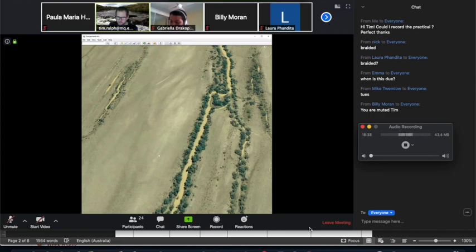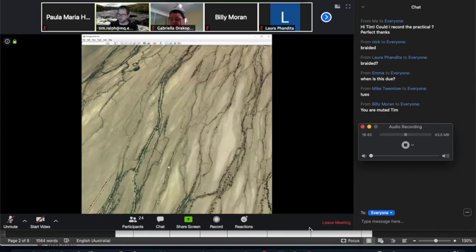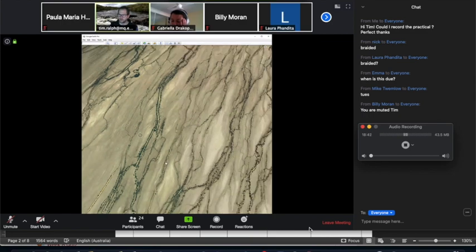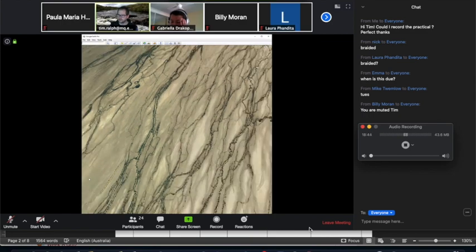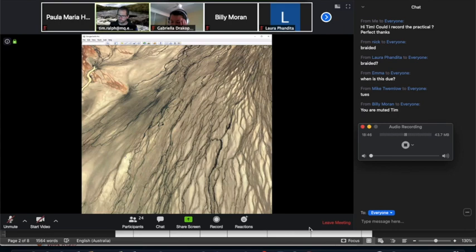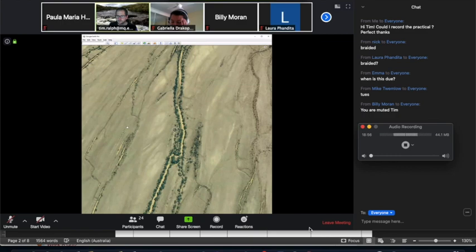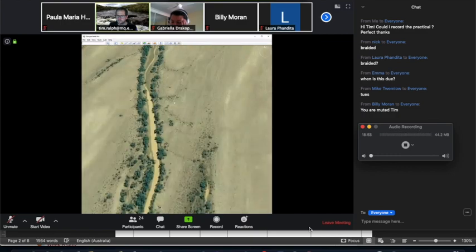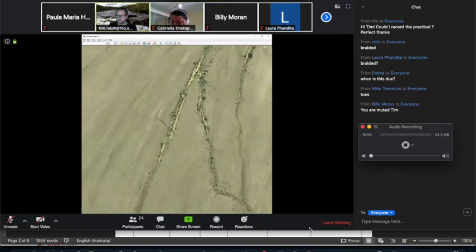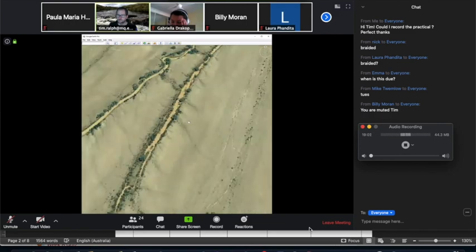Like I said, anastomosing rivers are fine-grained anabranching rivers. So this is a really neat example of beautifully defined, clear channels occurring one by one next to each other across the floodplain.